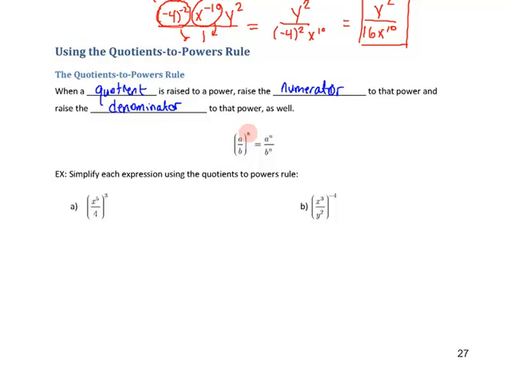A over b raised to the nth is a to the nth over b to the nth. Right? So in this example, x to the 5th over 4 all cubed would be x to the 5th cubed over 4 cubed, or x to the 15th over 64.